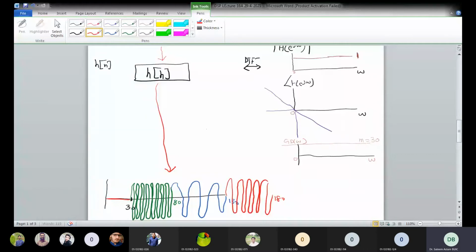Okay, so let me draw arrows with some different color. Let's say this one. So this is the magnitude response, phase response, and group delay. Group delay, GD response, phase response, and this is the magnitude response of this system.